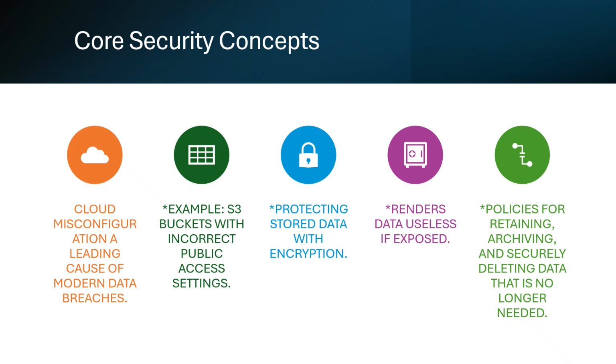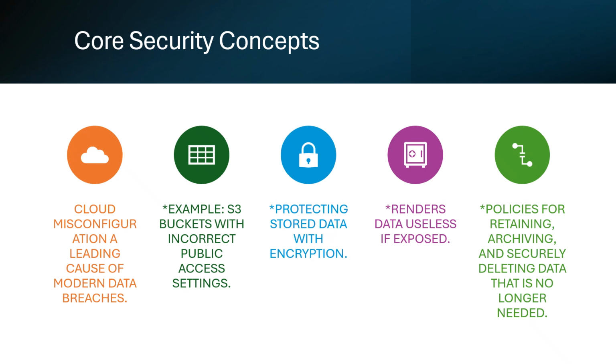The key technology and security concepts here are cloud storage and data governance. Cloud platforms like AWS S3 are incredibly powerful but also complex. A simple misconfiguration, like setting a bucket to public read, can expose terabytes of sensitive data to the entire internet.